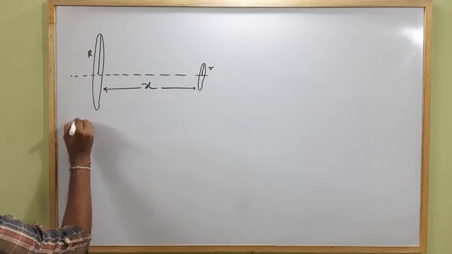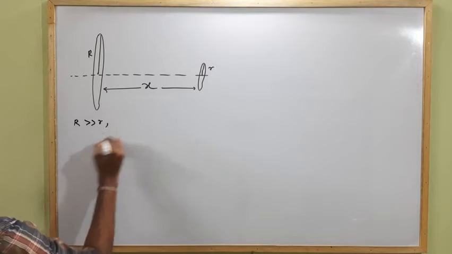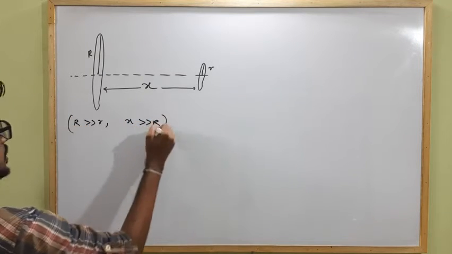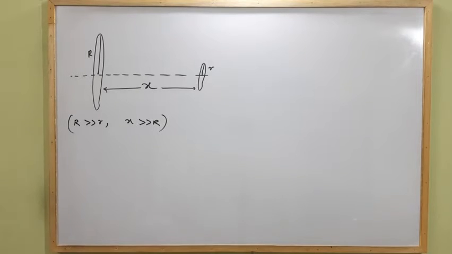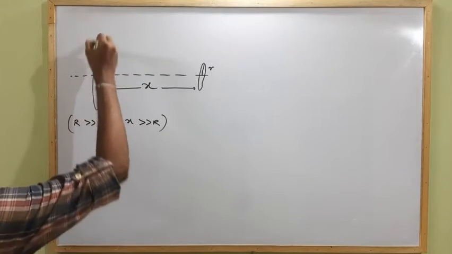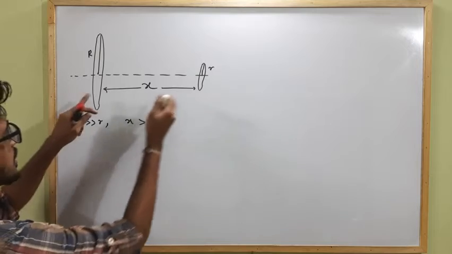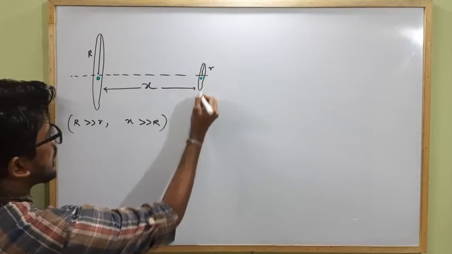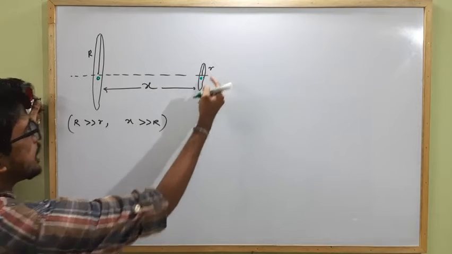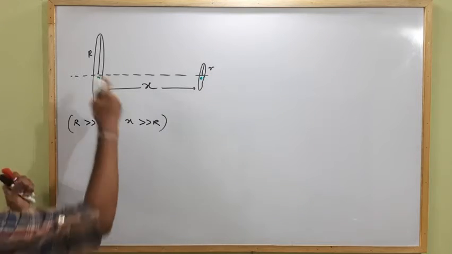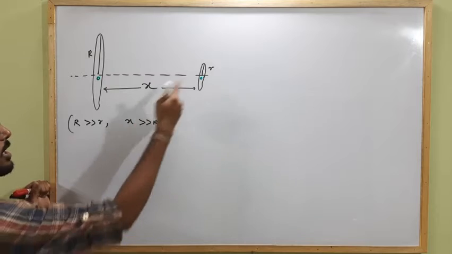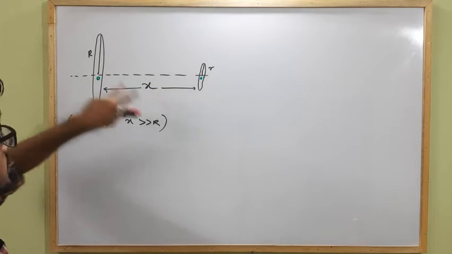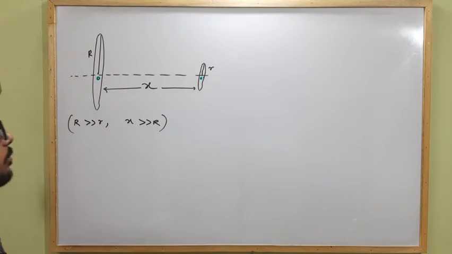And here provided capital R is larger than small r and x is very much larger than capital R. Clear? This is the condition given here. Then here is a circular ring of radius capital R and at a distance x from the center O of this ring, at the center O dash, there is a small ring of radius small r, and capital R is very large than small r, so that we can neglect small r in comparison to capital R, and also x is very large in comparison to capital R.